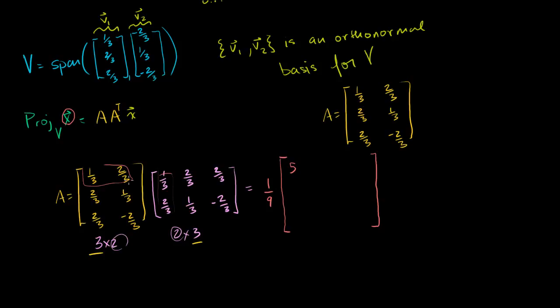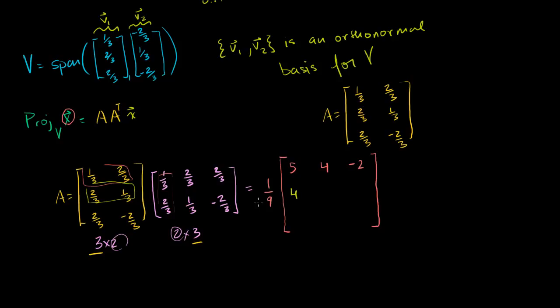Now let's take the dot of the first row with the second column. I'm going to get 2/9 plus 2/9, that's 4/9. Now the first row with the third column: 2/9 minus 4/9, that is minus 2/9. Now we're in the second row. The dot of the second row with the first column is 2/9 plus 2/9, that is 4/9.